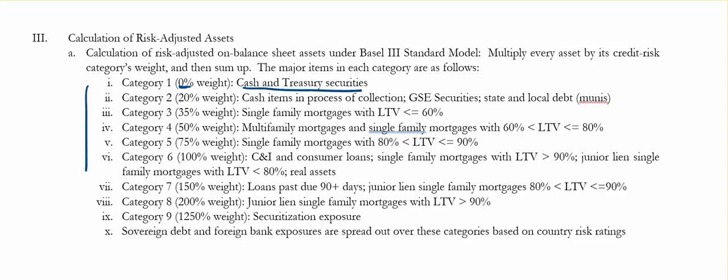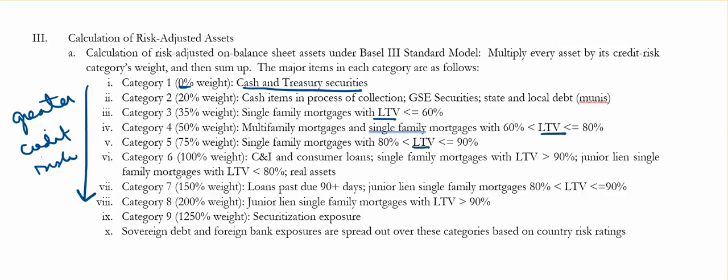And as we go down here, you'll see that there's greater credit risk inherent in these assets, where we have government-sponsored enterprises, basically Fannie Mae and Freddie Mac, local debt, which are called munis. Then we start going into mortgages with higher loan-to-value ratios. LTV stands for loan-to-value ratios. So the higher the loan-to-value ratio, the more risk, because there's less of a likelihood that the collateral will be sufficient to cover the loan, and that the borrower will have an incentive to be current with payments and not lose the house.